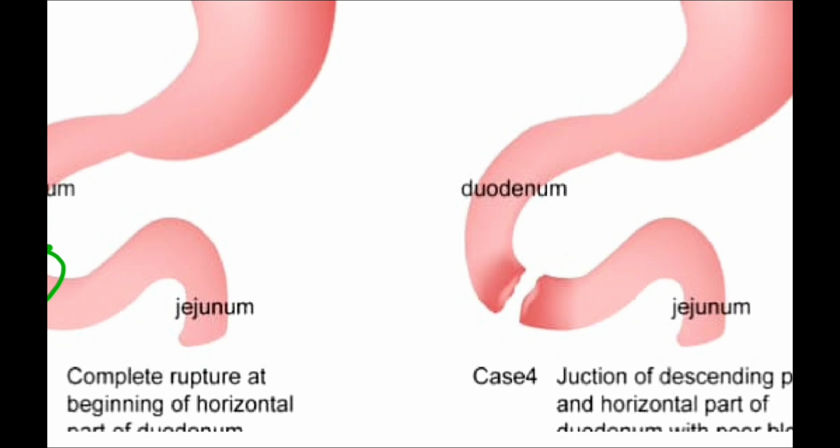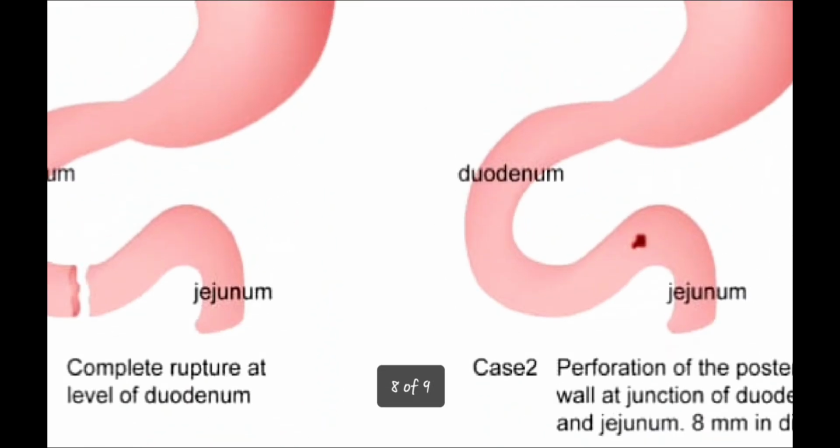All the ruptures are taking place in the third part of the duodenum, whereas the second part of the duodenum is actually safeguarded by the prevertebral structures, so the third part of the duodenum is mostly prone to injuries.